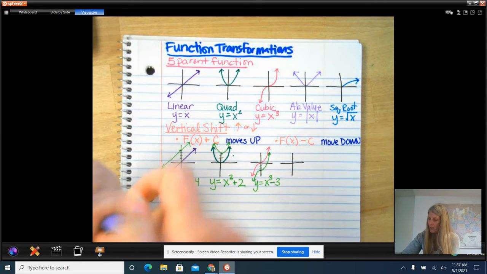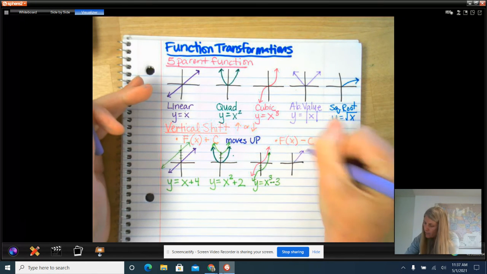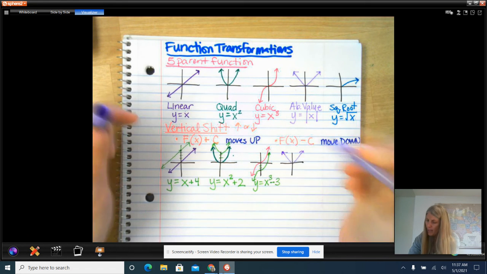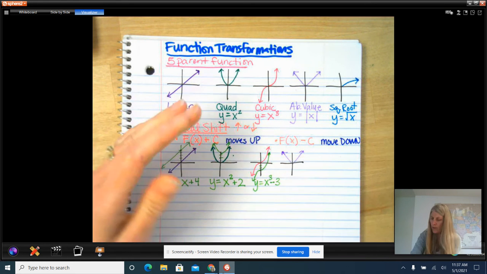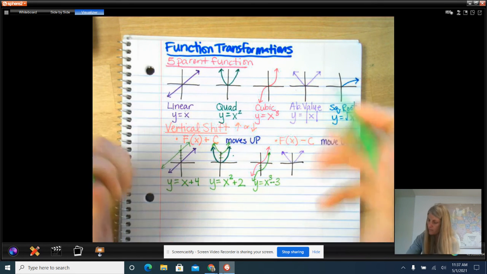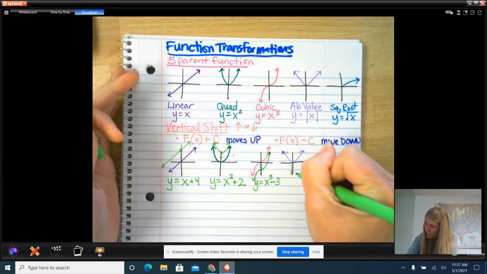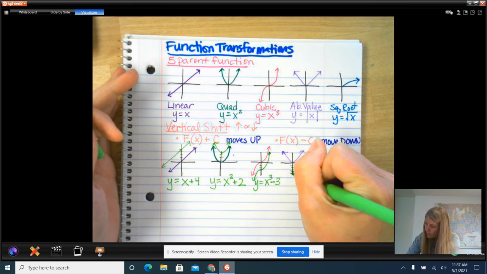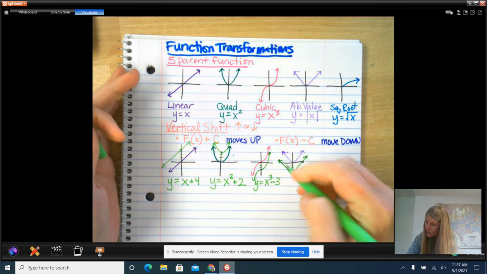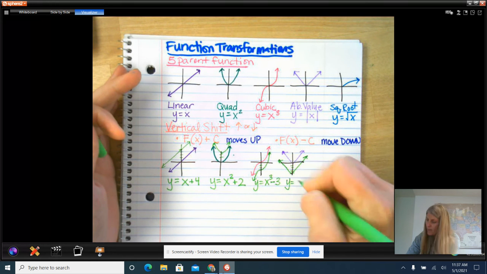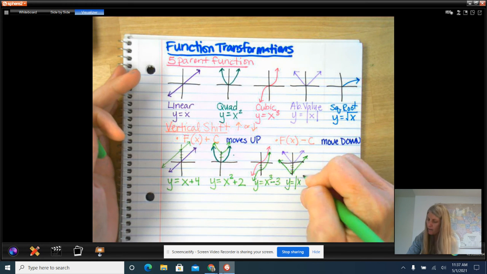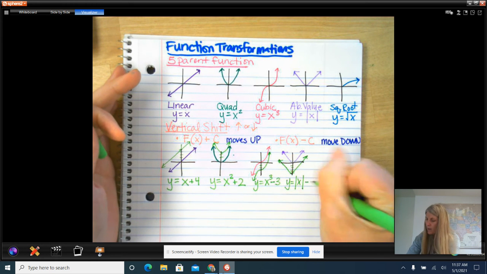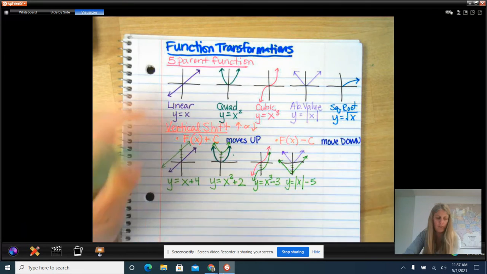And then we're going to do an absolute value one, and you're kind of getting the main idea here. So our absolute value, and we're going to move it down 5. And so our equation is going to be y is equal to the absolute value of x, close those absolute values, minus 5. And we might as well do the last one too.